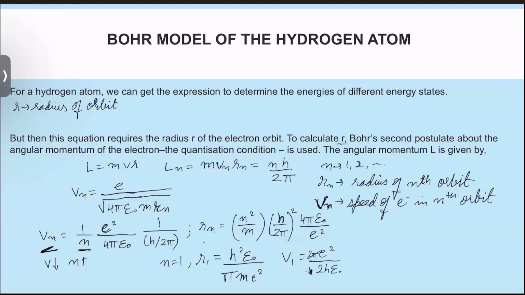And this R1 is actually called A0, which is also known as the Bohr radius. So this is what we get.